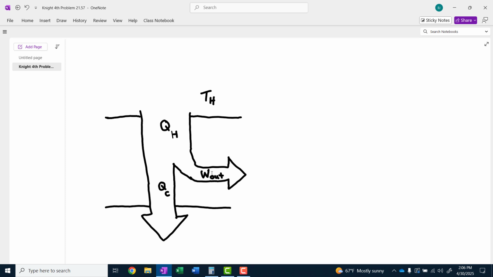Okay, so we define efficiency, eta, the Greek letter eta, as the amount of useful work done by the heat engine per cycle, compared to the amount of heat that was actually taken from the hot reservoir.